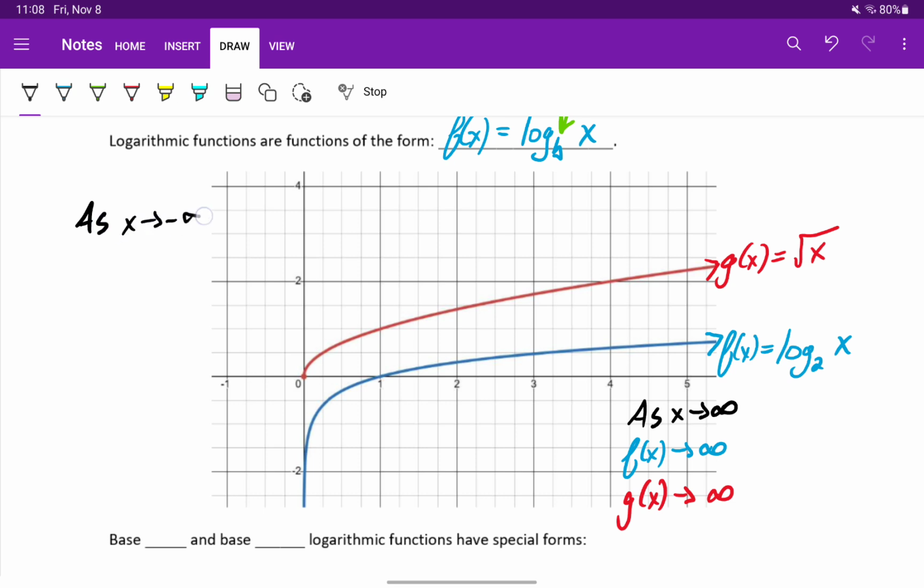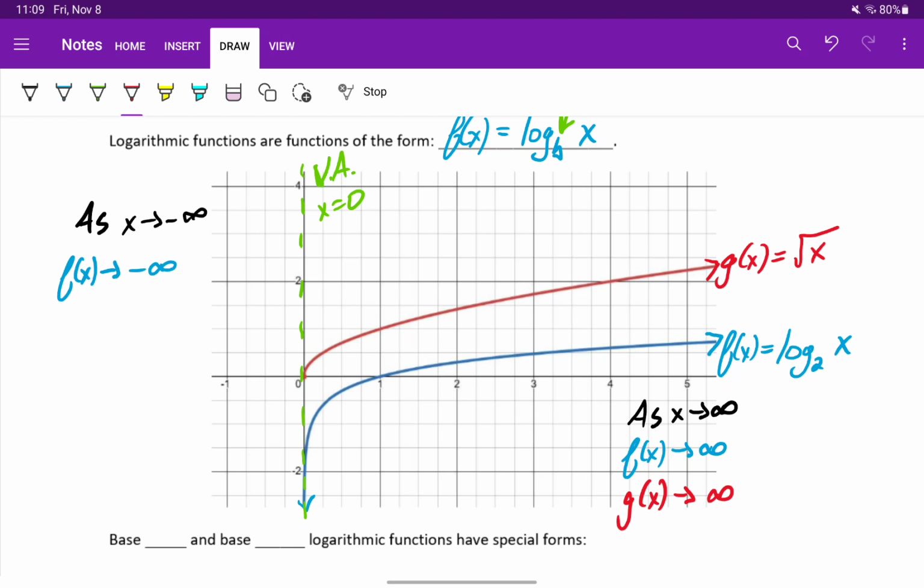As x approaches negative infinity, now we'll see two different behaviors. Our function f of x is going to be headed down, getting closer and closer to the y-axis without ever crossing over it. So our function f of x is headed to negative infinity, meaning for the log function, we have a vertical asymptote at x equals 0.